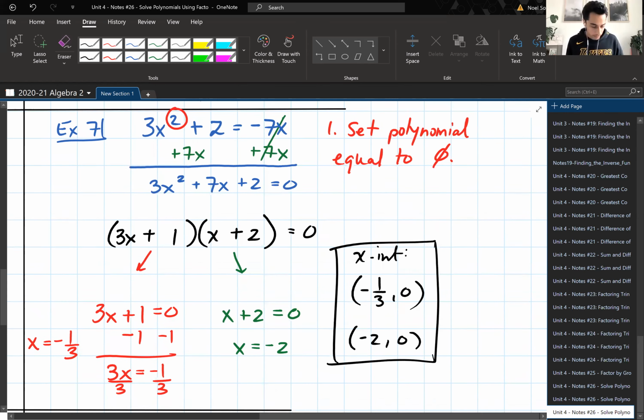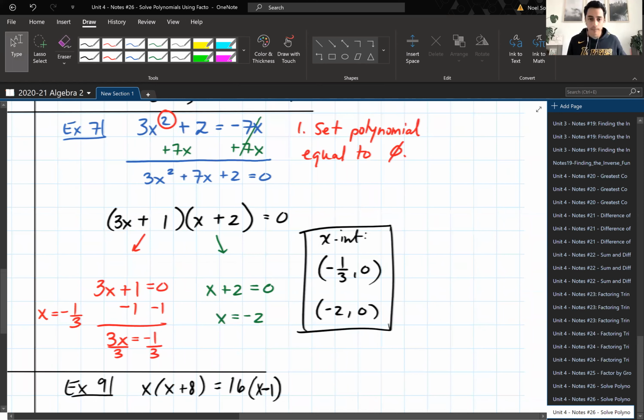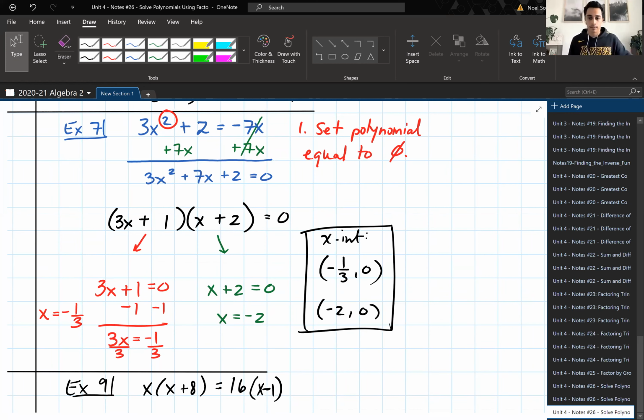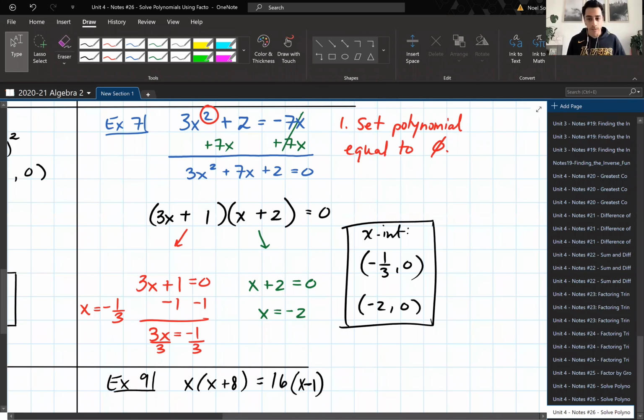Any questions on number 7? All right, cool. So that's one of the variations you'll see. Definitely be on the lookout for that. You want to have a polynomial equal to 0 first.